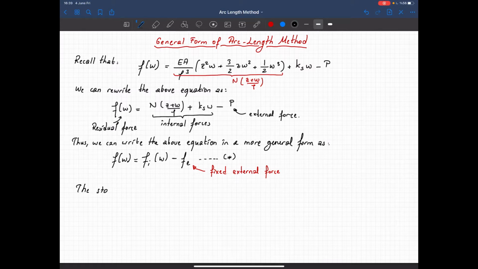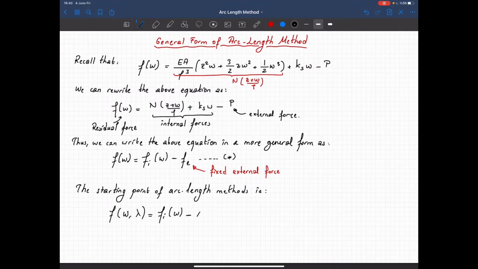We say that the starting point of arc length methods is to add an additional variable, lambda, and this F(W, lambda) is equal to FI(W) minus lambda times FE. And again, let's call this equation plus.